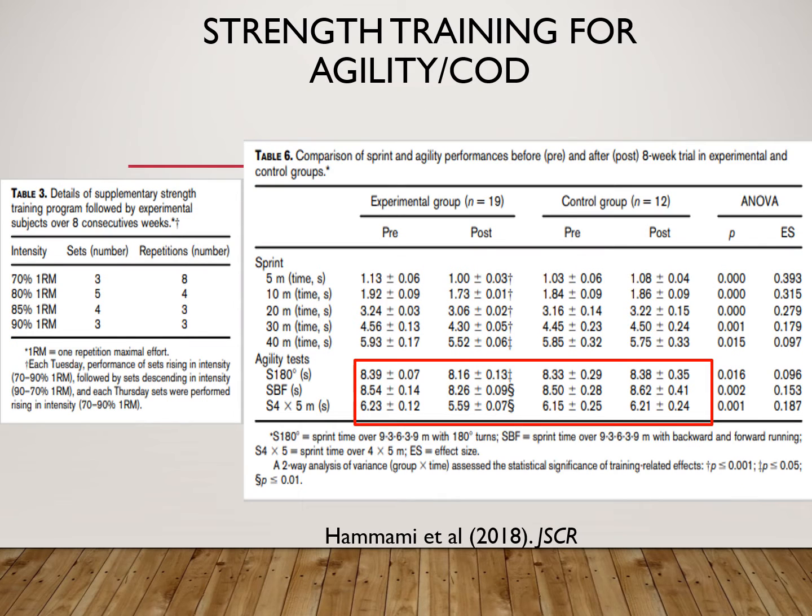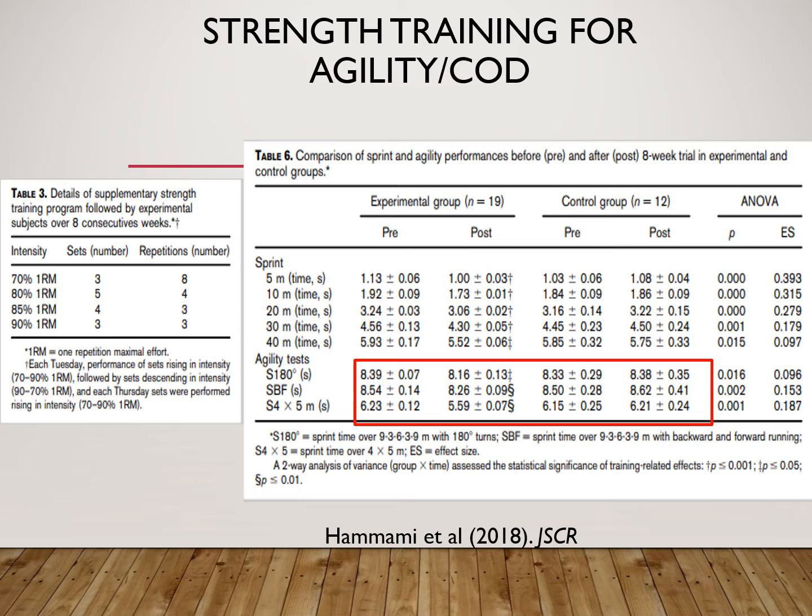And so when we actually look at the impact that strength training can have on change of direction, if we look at this study here, we can see that they performed 8 weeks of supplementary strength training in addition to their normal training program with relatively high levels of intensity, so 70% 1RM up to 90% 1RM, a relatively high amount of overall volume, and training twice a week doing this strength training.